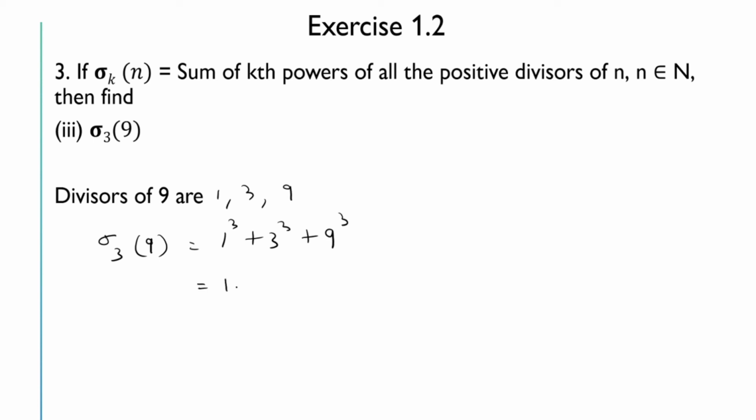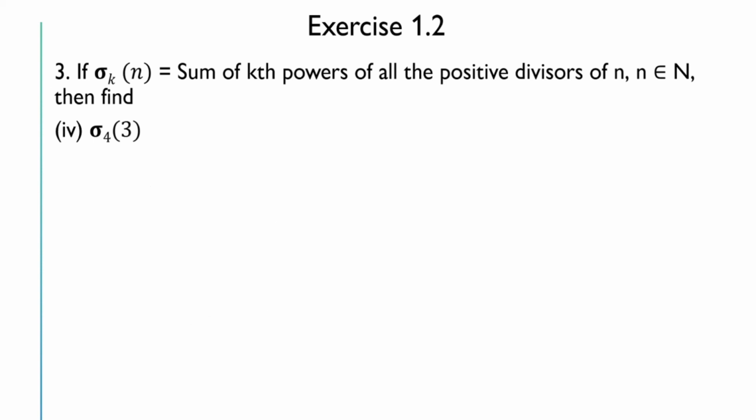So this is equal to 1 plus 3 cube, which is 27, and 9 cube, which is 729. So this is equal to 757. That is, sigma 3 of 9 is equal to 757.